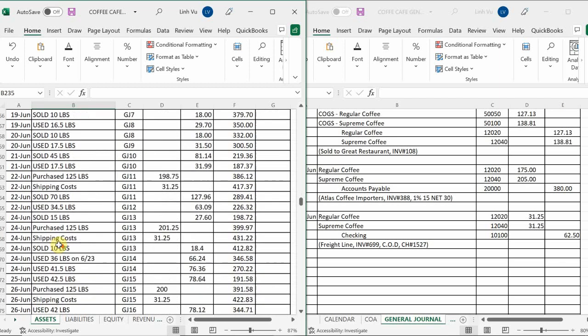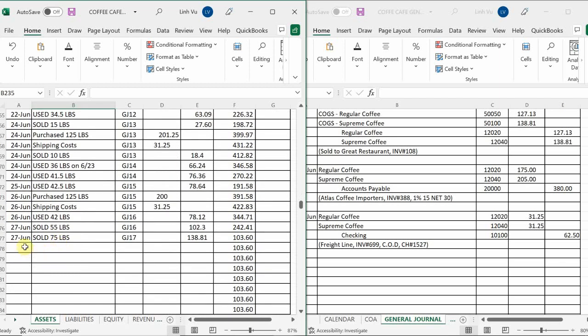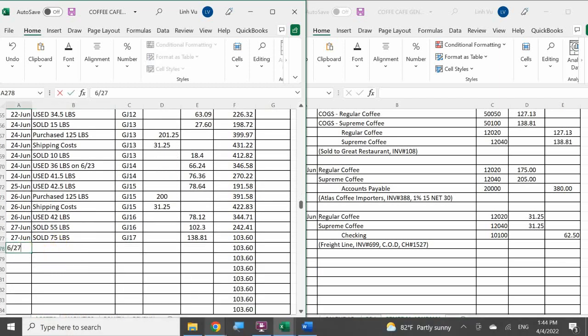All right, we got to update the Supreme coffee. Right, purchase 125 in freight cost 17, 205 and 31.25.